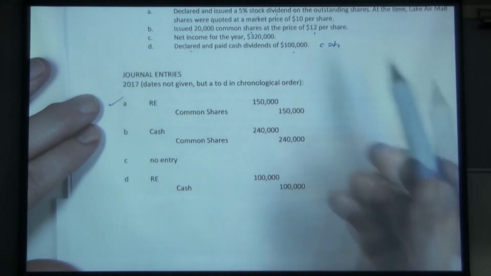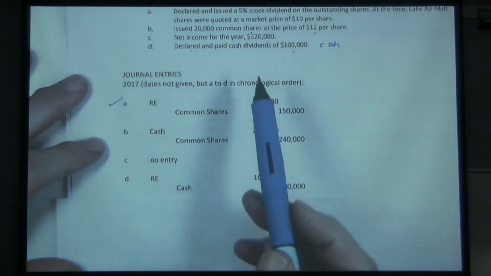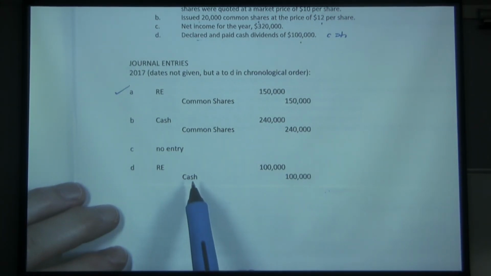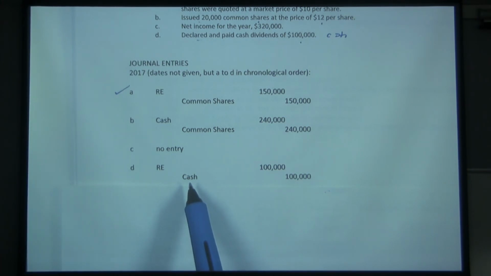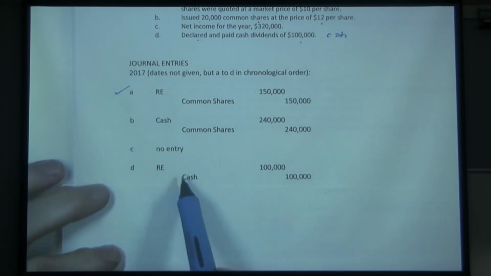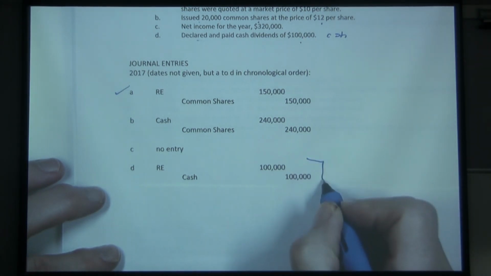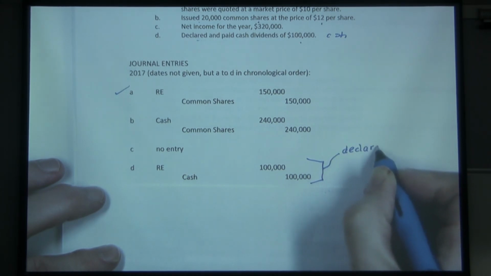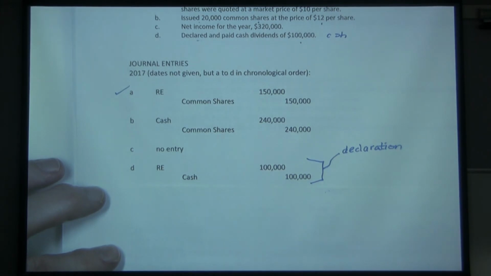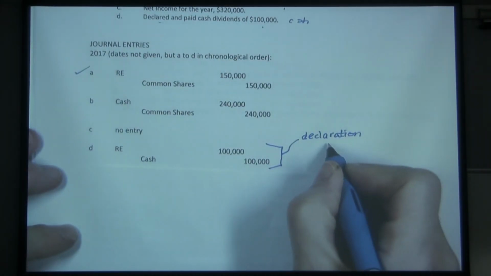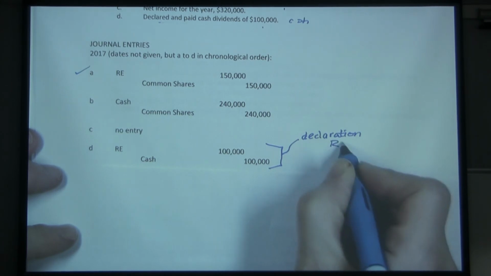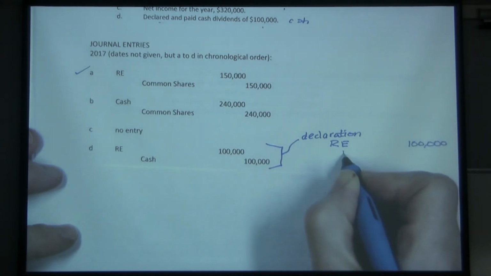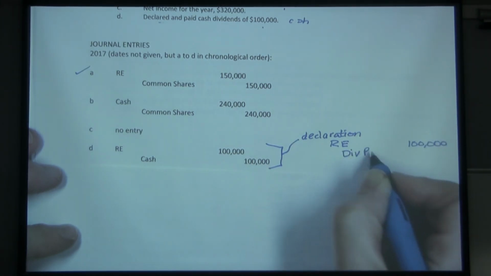And they've given us the dollar amount for the cash dividend for common shares. But what I'd like to do with this journal entry is just imagine that we did it on two different dates, date of declaration and date of payment. And we'll break this down into two journal entries. So the first one would be if there was a date of declaration, and it normally is date of declaration. We would have the decrease to retained earnings of $100,000, and the increase to, we would just say, dividends payable.